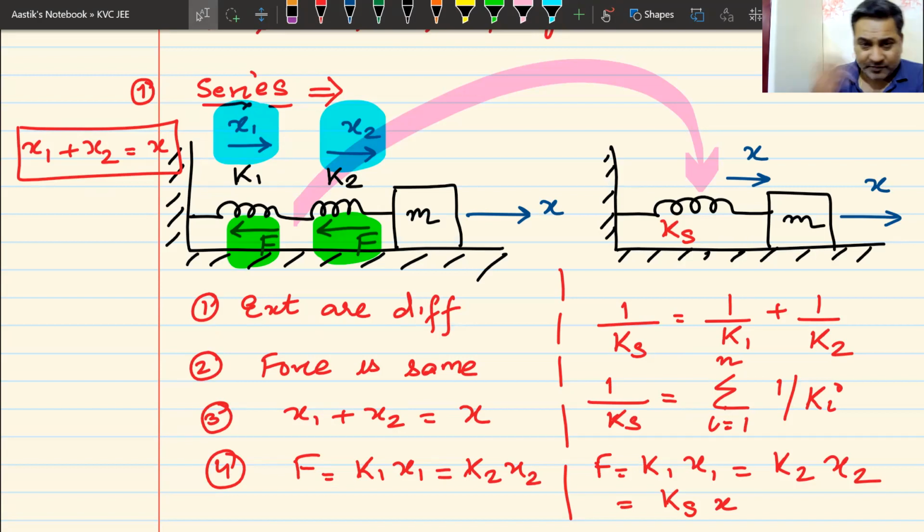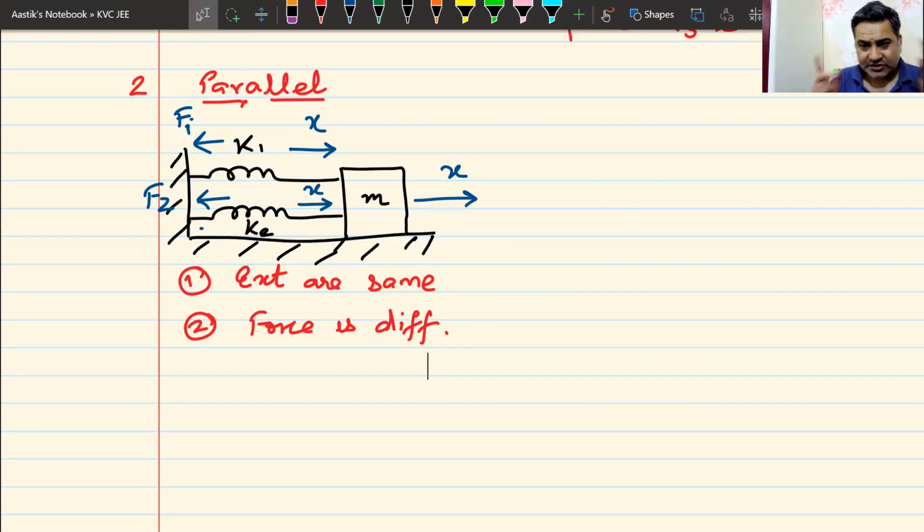So basically, series combination is the opposite of parallel combination, or parallel combination is the opposite of series combination. Do we understand this? Okay, Jai Shankar, well done. Series and parallel combination are opposite of each other.